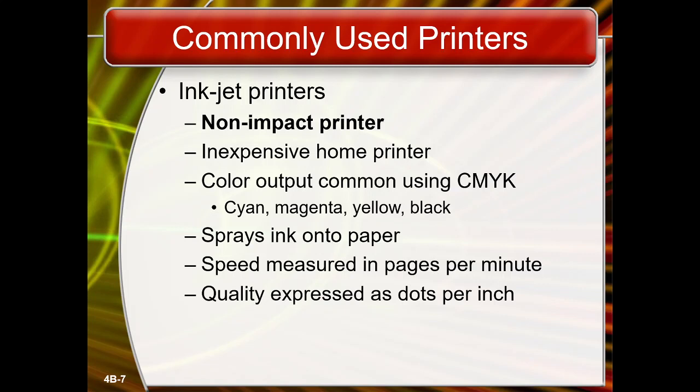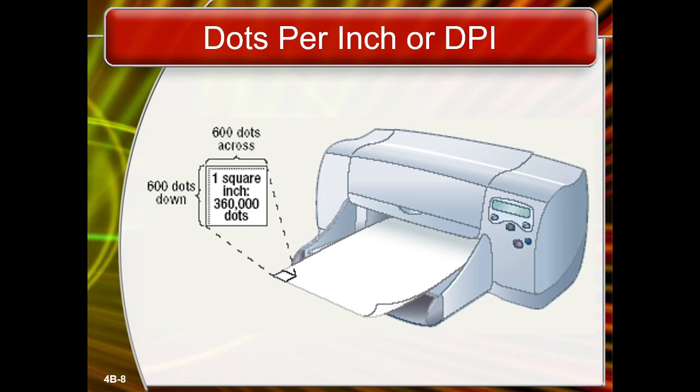In the current lecture we will see what DPI or dots per inch is. Whenever an inkjet printer prints a single square inch, the number of dots available there is the DPI.